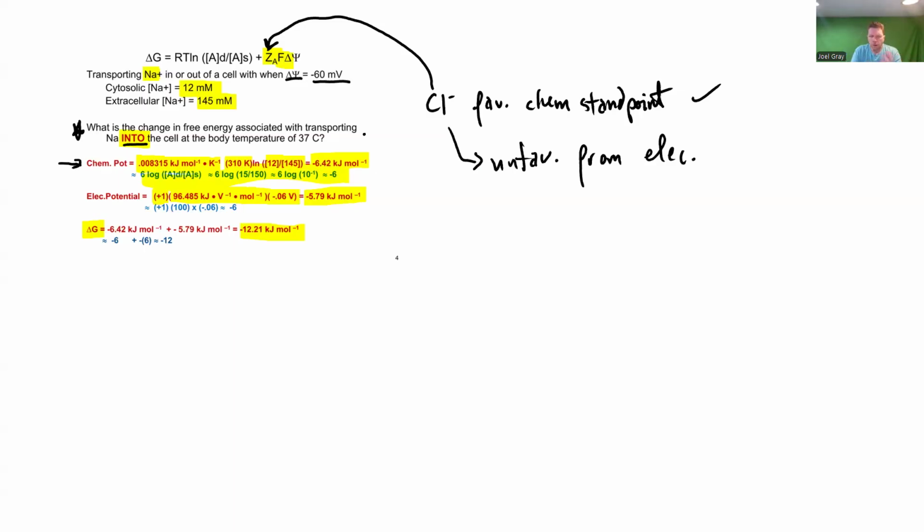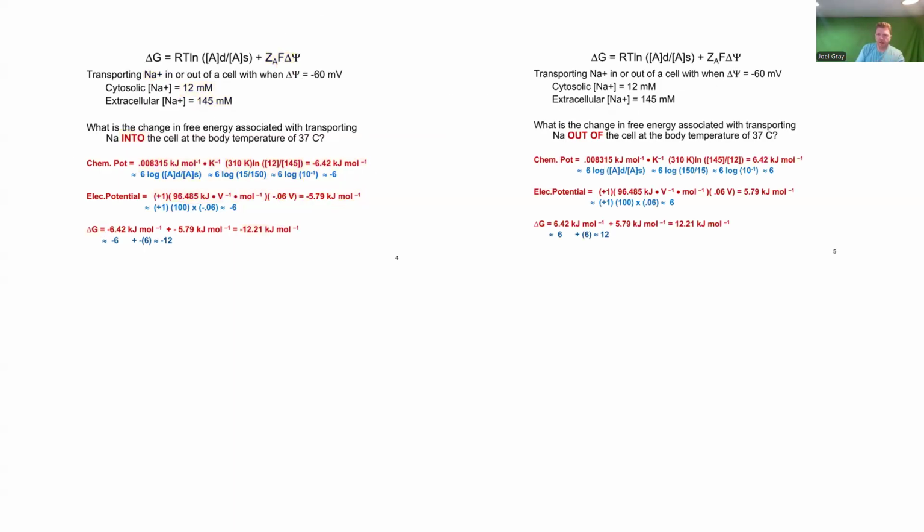Now, we've got the same sort of problem, but rather than going into the cell, we're going out of it. When we're going out of the cell, what changes? From a chemical standpoint, does anything change? Yeah. When we're going out, then our cytosolic is our source, which is indicated right here, that 12. So I've got this chemical potential calculation right there.